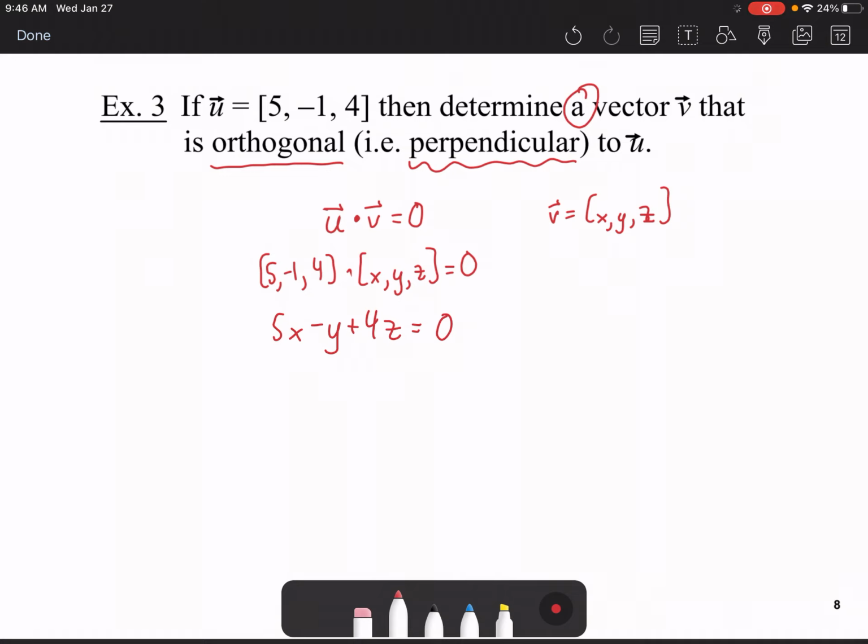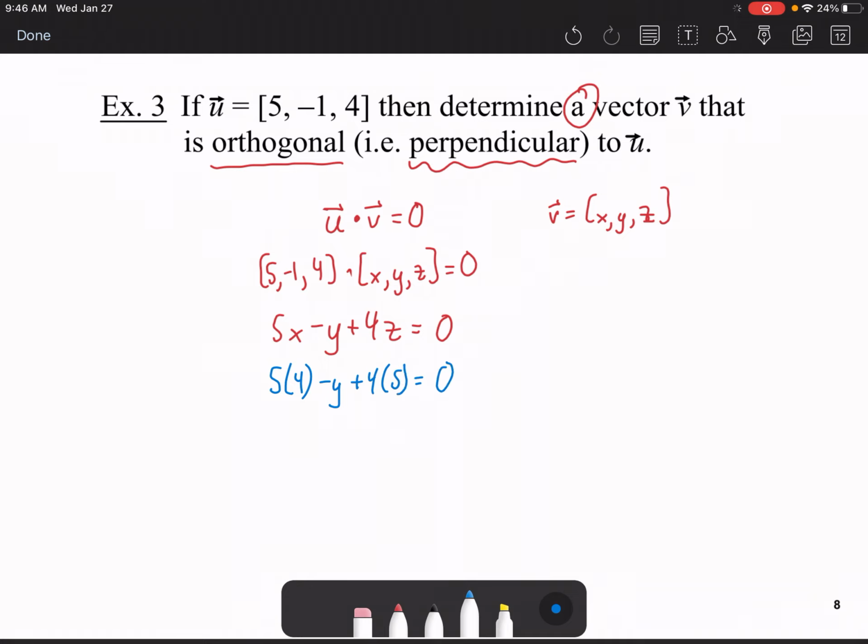So let's choose some. May I suggest us choosing something like, I'm going to choose the value 4 for x, and I'm going to solve for y, but I'm also going to use the value of z to be 5.